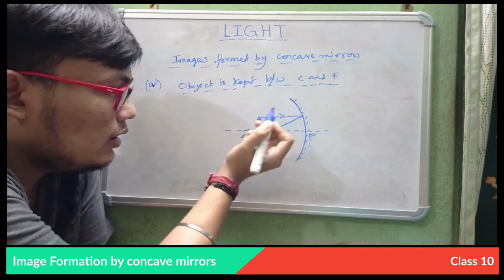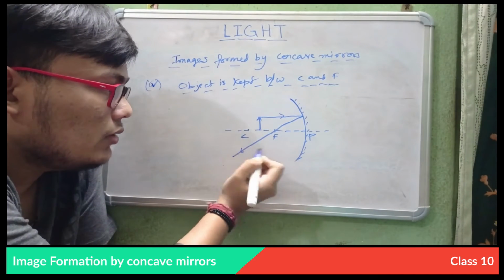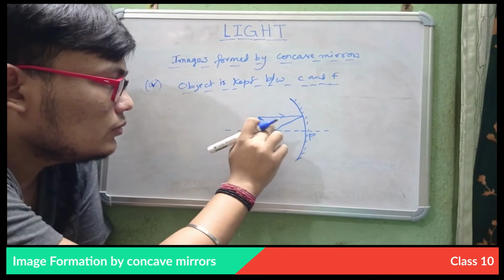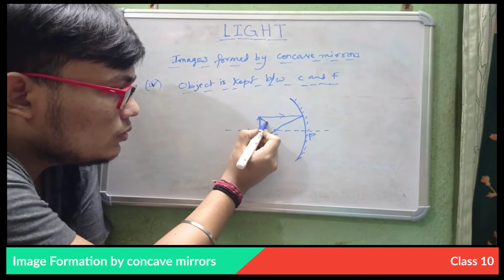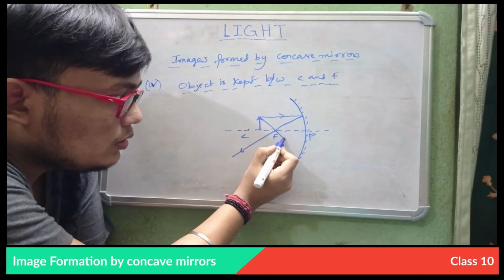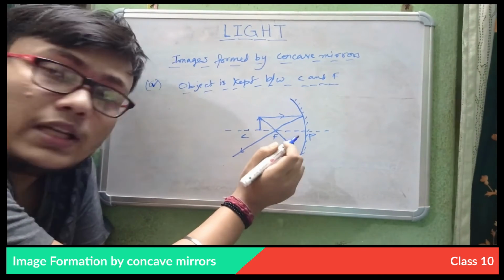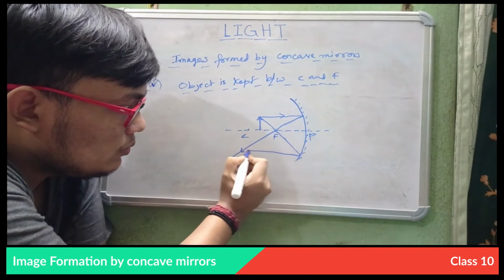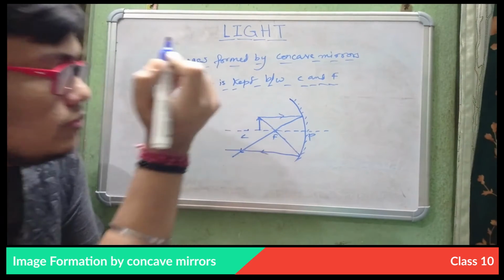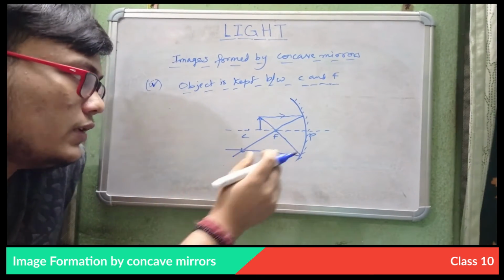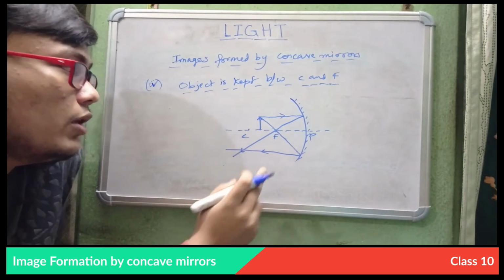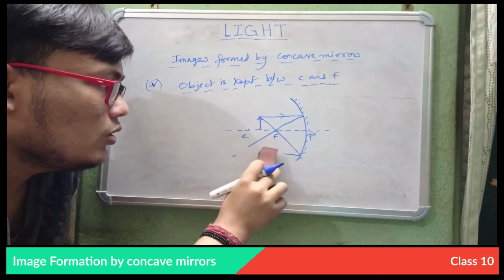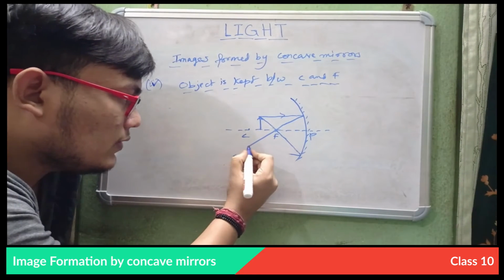Now the second incident ray will pass through this focus, and after reflection from this concave mirror it will pass parallel to the principal axis.